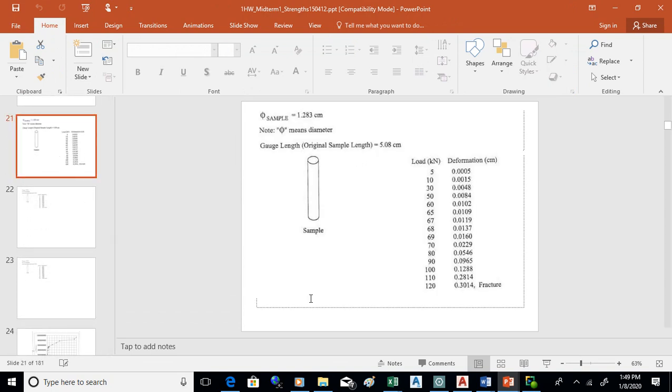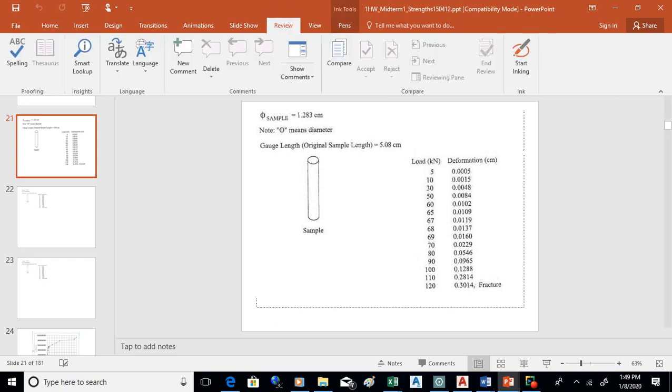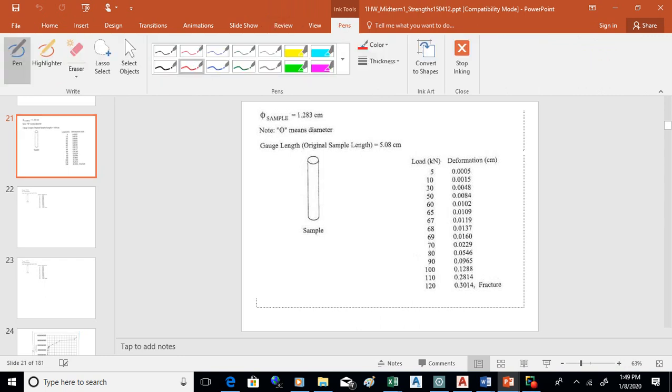There's the problem. You're given the diameter of the sample so you can find the area. You're given the original gauge length of the sample, 5.08 centimeters. So you've got load. Stress is load over area, so I'd put in a column for that and find the area.